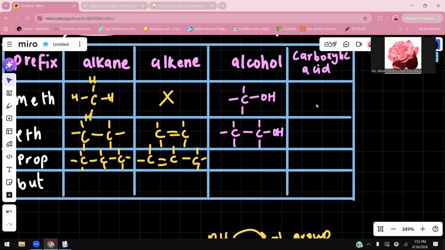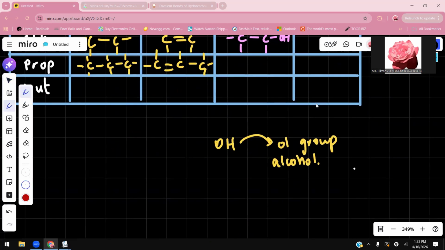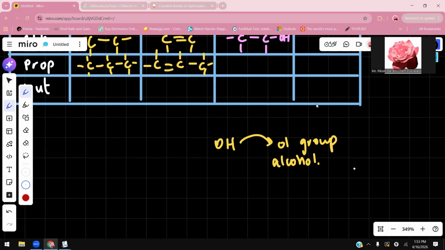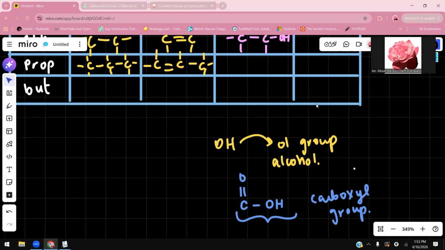Carboxylic acid. The functional group here is the carboxyl group. The carboxyl group looks something like this. It's a very fancy kind of group, the carboxyl group. So let's draw that out.